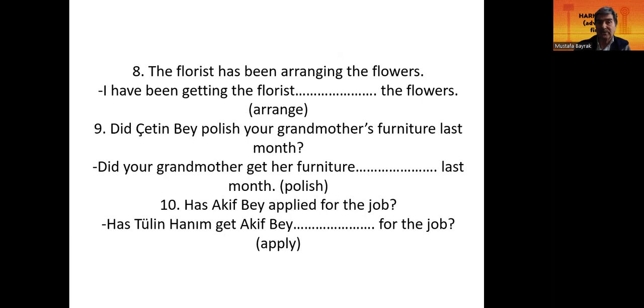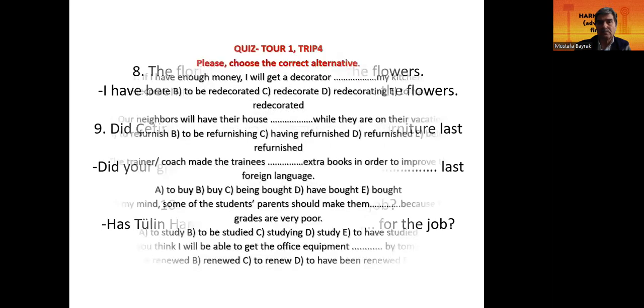Did Çetin Bey polish your grandmother's furniture last month? Did your grandmother get her furniture polished last month? Has Akif Bey applied for the job? Has Tülin Hanım got Akif Bey to apply for the job?